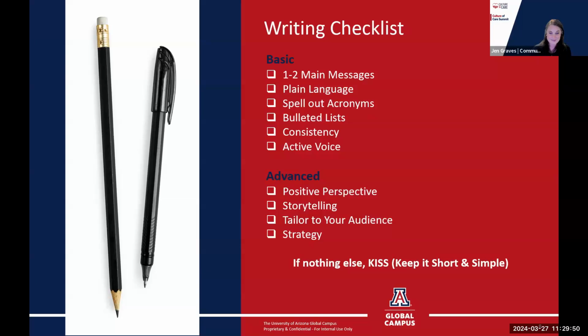Even down to, and I'm sure some people at UAGC have felt this, I'm very particular on whether or not each bulleted item ends at a period or not. Either they all do or they all don't. But the consistency helps the reader say, this is expected, I can keep moving forward. Whereas if it's different each time, it can become a distraction taken away from the message.